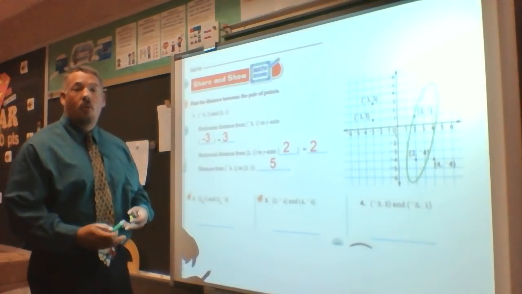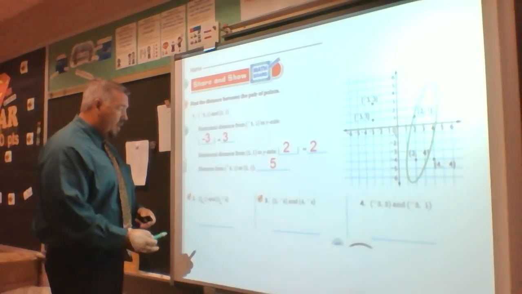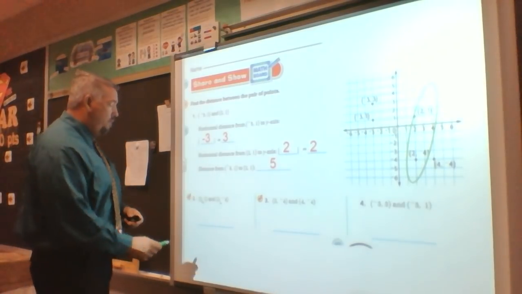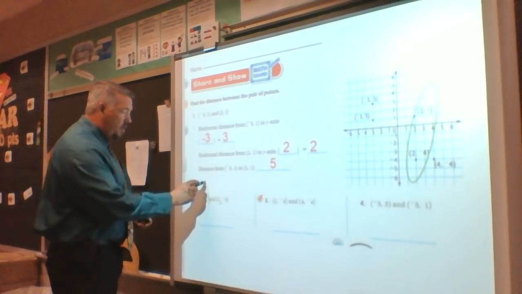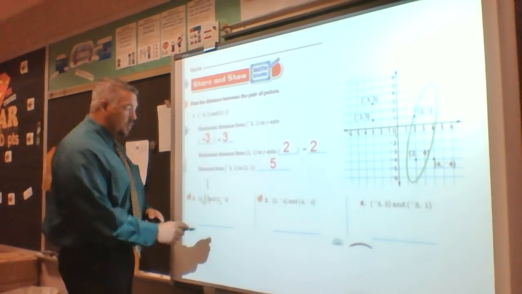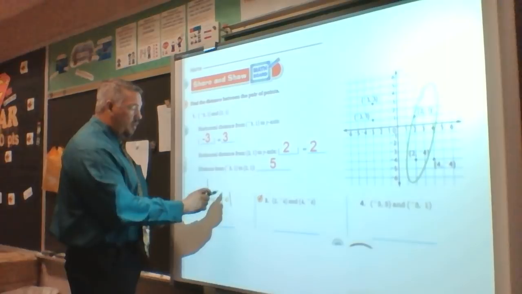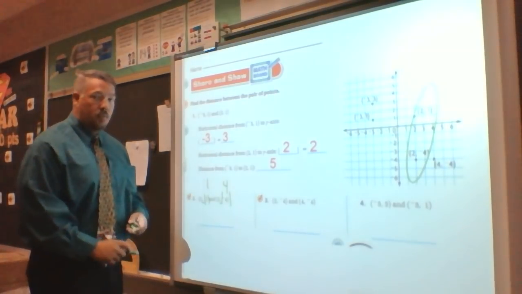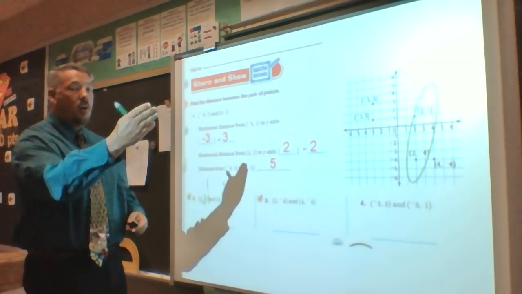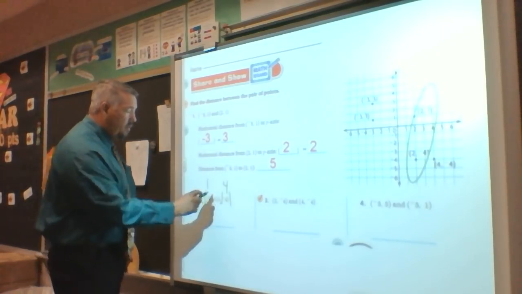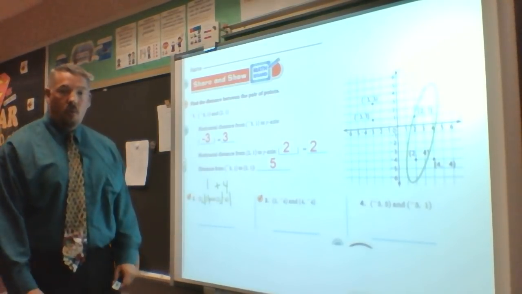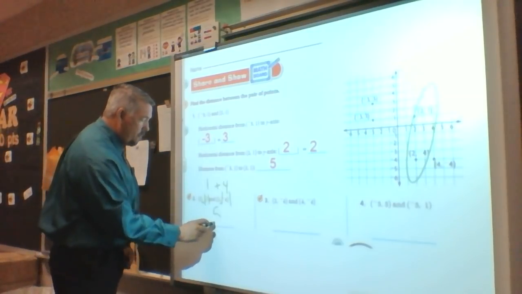My y's, therefore, are the math that I'm going to be working with. I know I have to find my absolute values. So my absolute value of +1 is 1. My absolute value of -4 is 4. When I look at them and they're on opposite sides, then I know opposite sides tell me to add. 1 plus 4 does equal 5.